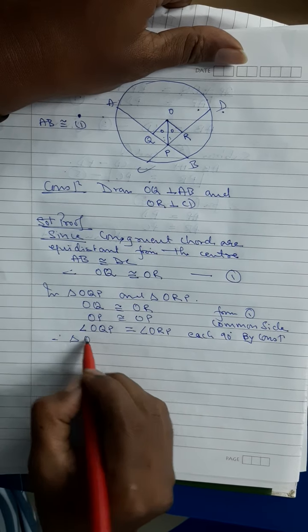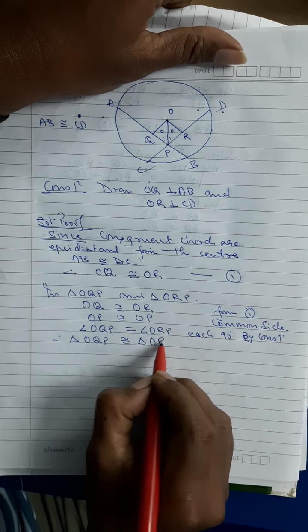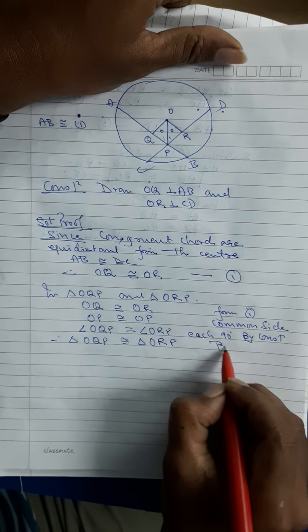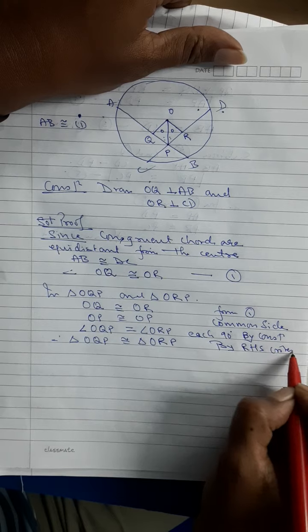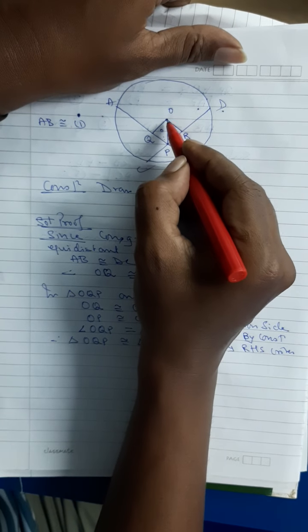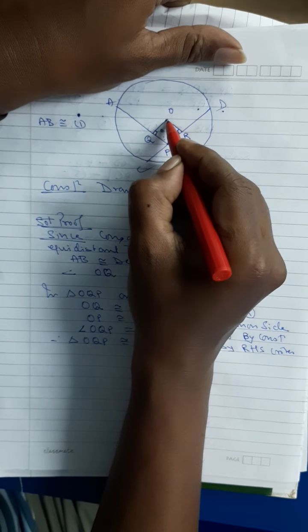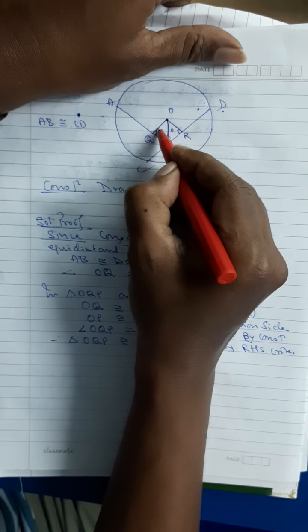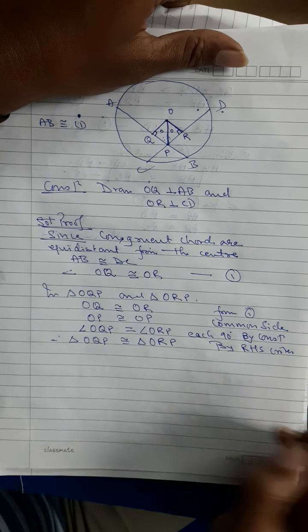Therefore, triangle OQP will be congruent to triangle ORP by RHS criteria. RHS means right angle is proved, hypotenuse OP is proved, and side OQ is proved.